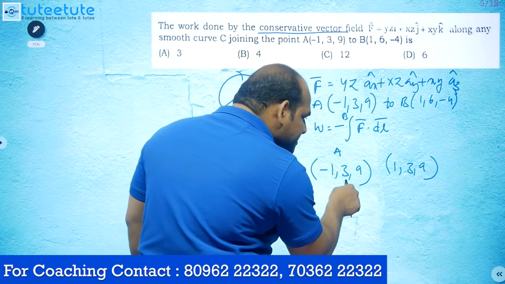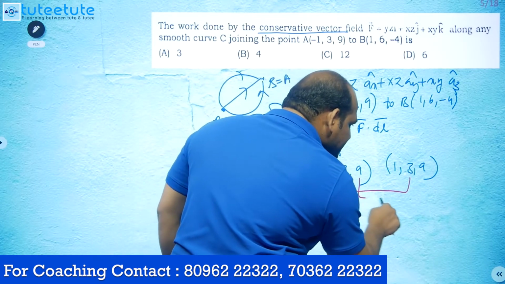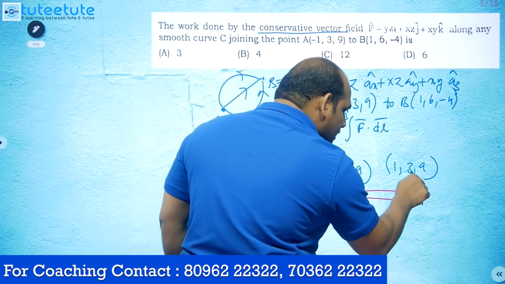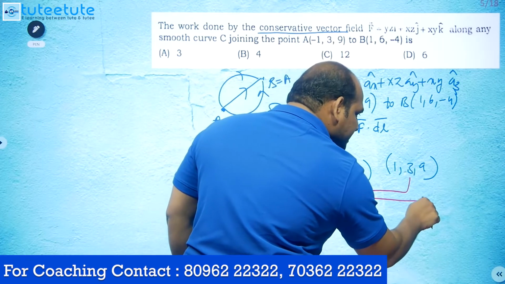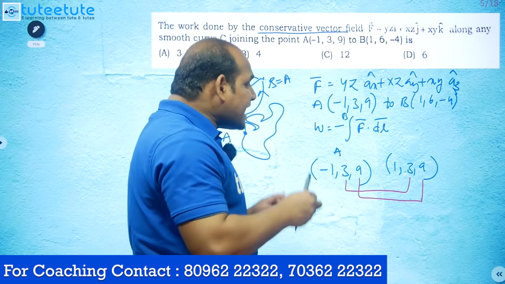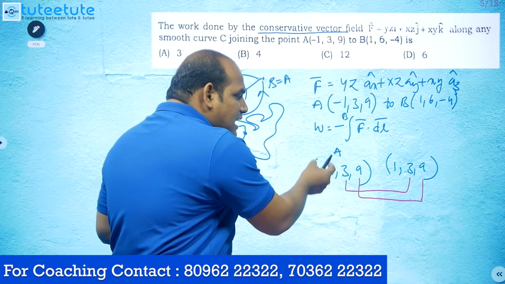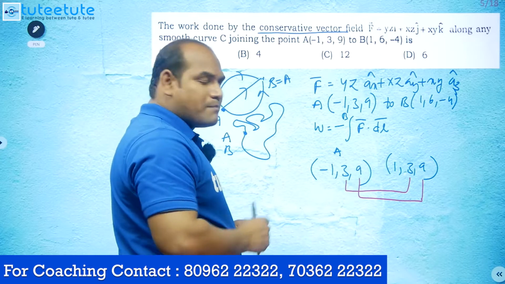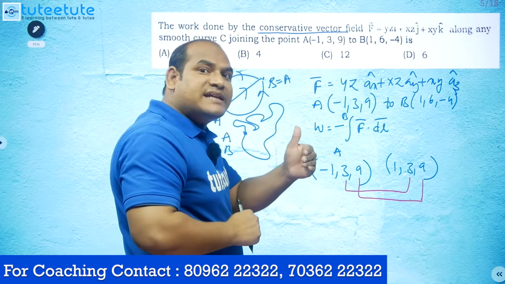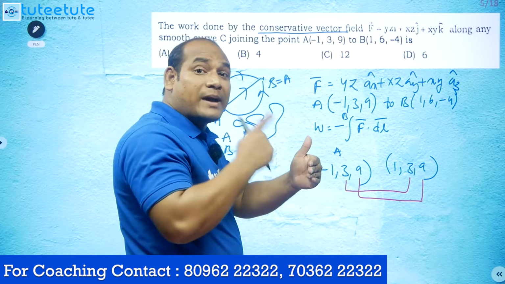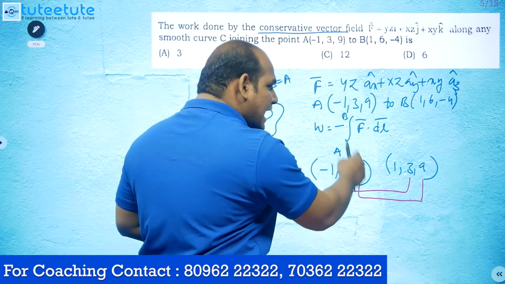That means I did not change the y coordinate, that is 3. I did not change the z coordinate, that is 9. But I changed the x coordinate from -1 to 1. From -1 to 1 in the x direction the charge has been moved, maintaining y equal to 3 and z equal to 9.